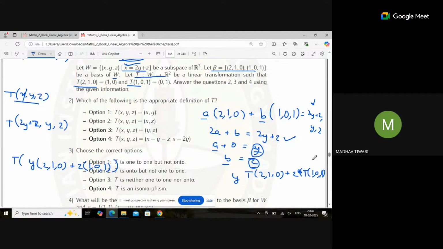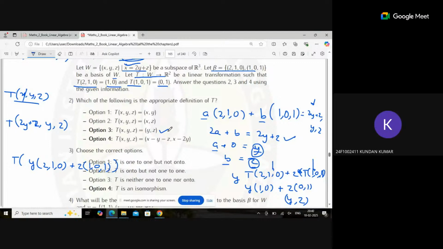These two transformations are given already here, (1, 0) and (0, 1). So I can write y times (1, 0) plus z times (0, 1). If I multiply this now, I will get (y, z). So option 3 is correct, right?